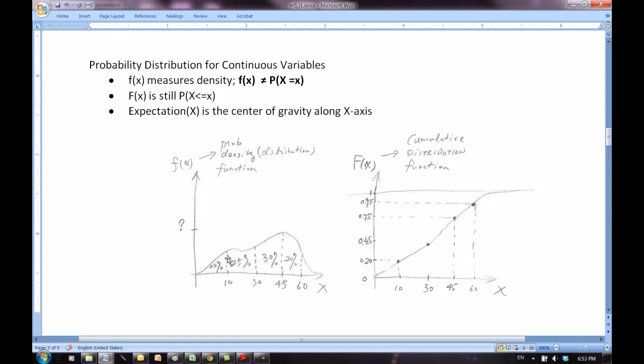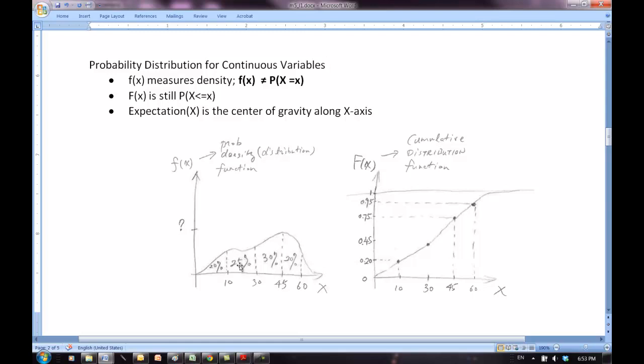So if this area, the fourth segment, is 20% out of 100%, it means the probability of a transaction taking less than 10 seconds will be 20%.